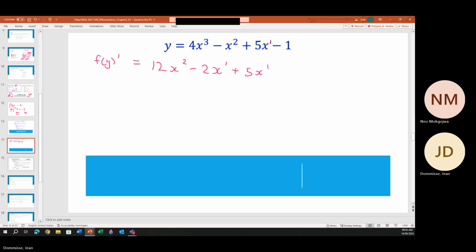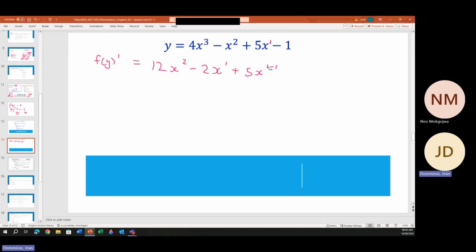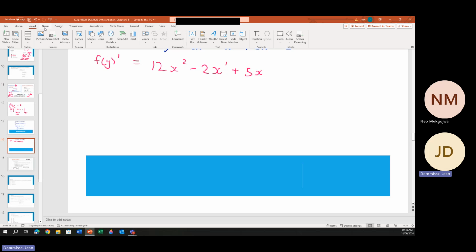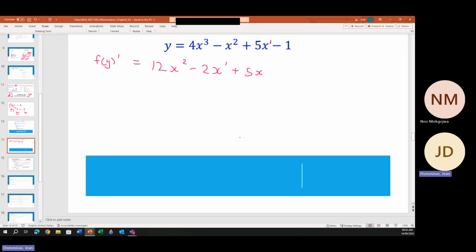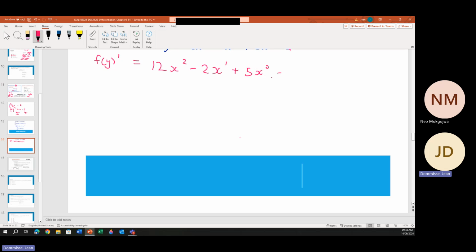Then x to the power of 1 minus 1, which is x to the power of 0. And then a constant will become 0, so that will fall away. So our first derivative looks something like this.